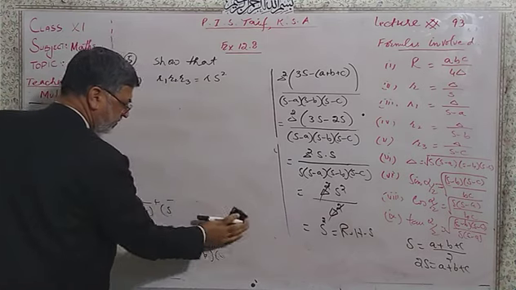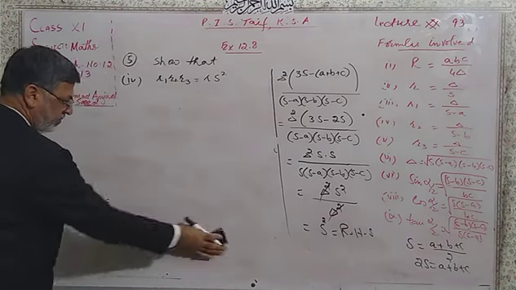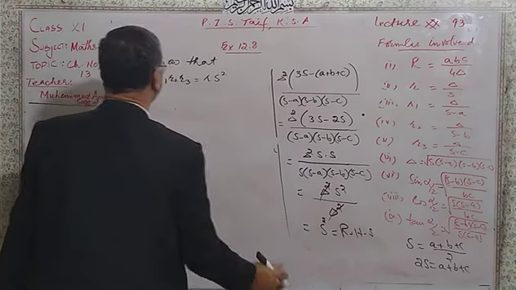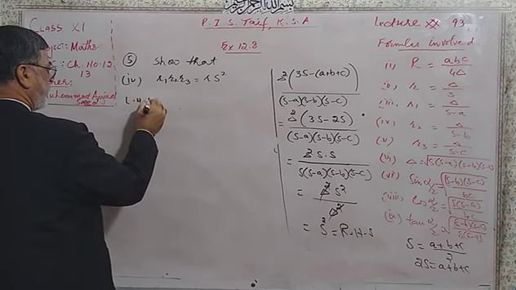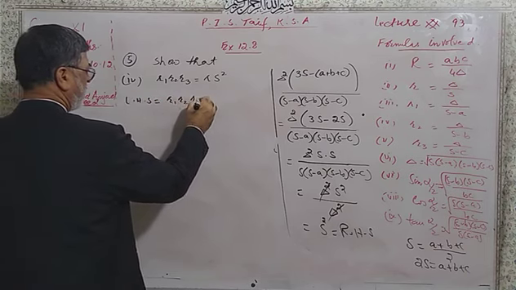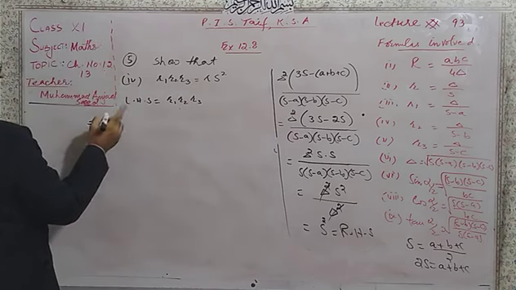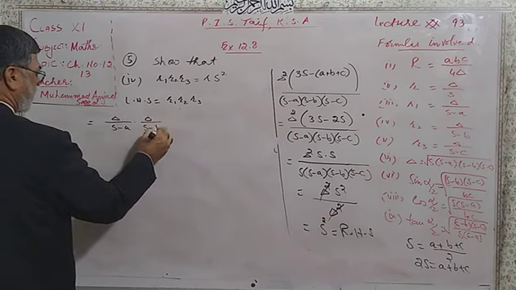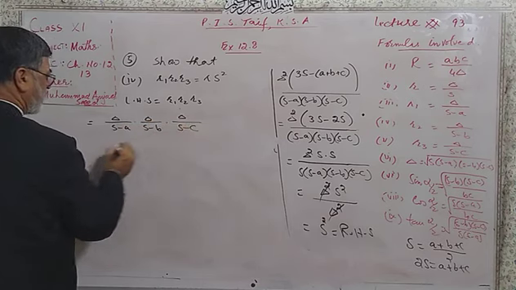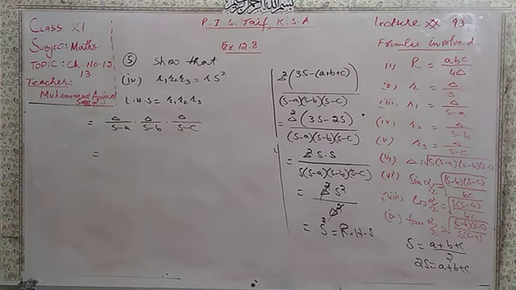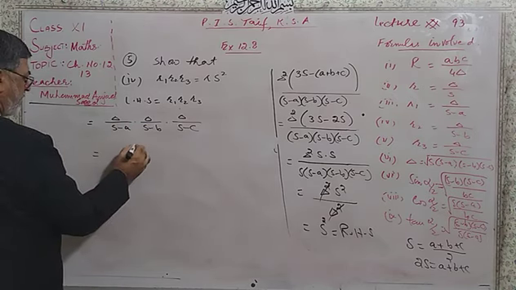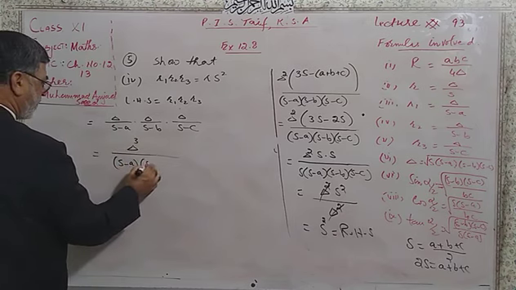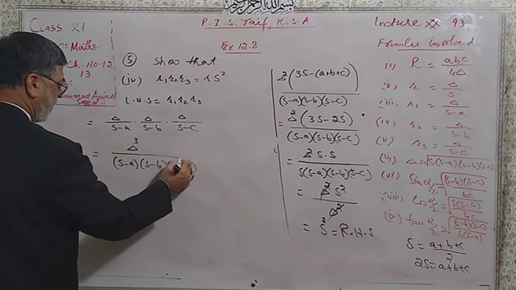Left hand side, that is R1, R2, R3. We can apply the values: delta over S minus A, delta over S minus B, delta over S minus C. Dear students, we have delta cube over S minus A, S minus B, S minus C.